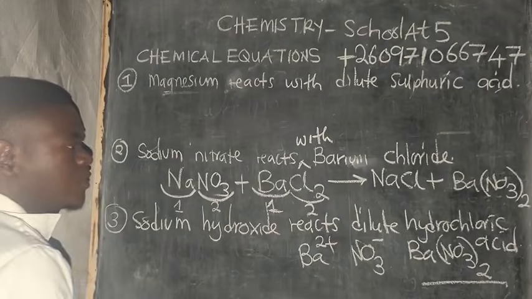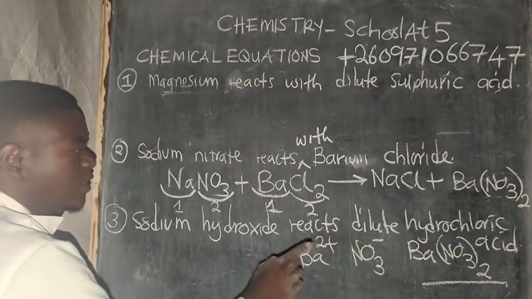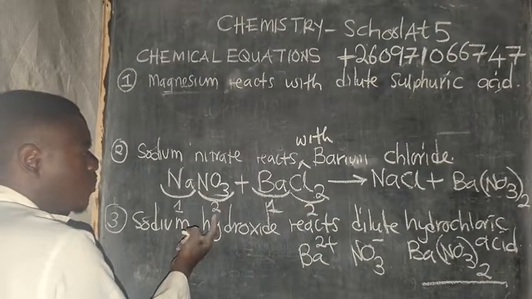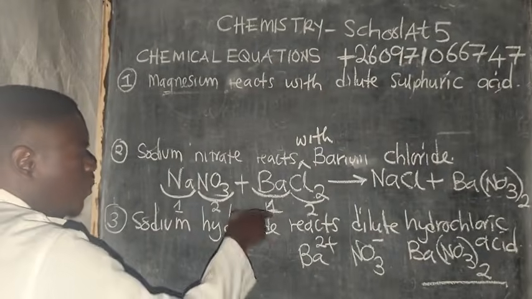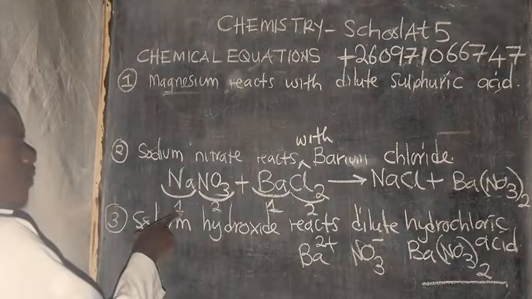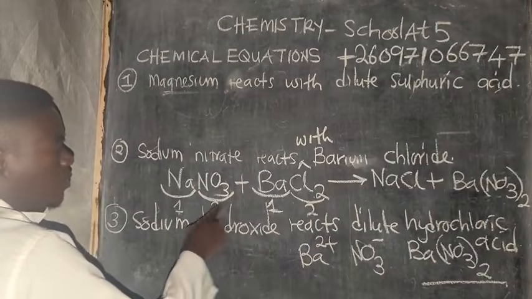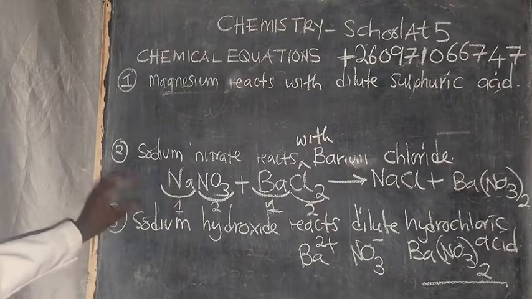The key thing here is that the 1 should go with the 2. You should not get 1, 1 or 2, 2. The 1 should go with the 2, and the 2 with the 1, so that they are paired 1, 2, 2, 1, like that. This is how you form that.